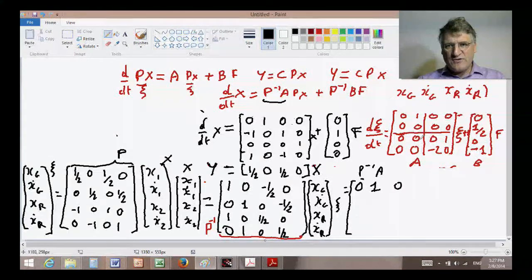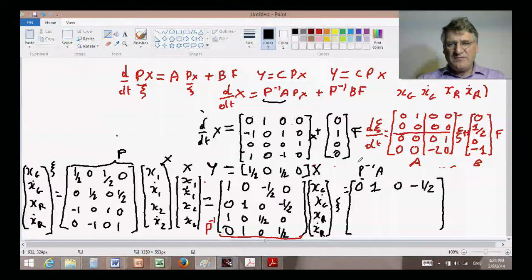And for the fourth entry, again, we obtain, let's see, 1 times 0 plus 0 times 0 minus 1/2 times 1. We obtain minus 1/2. Okay? So this is P inverse times A.